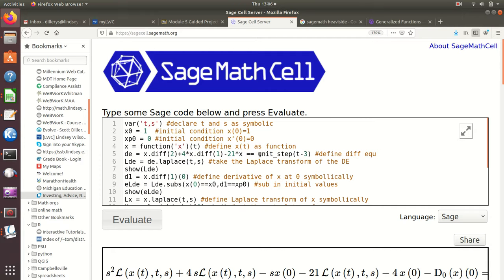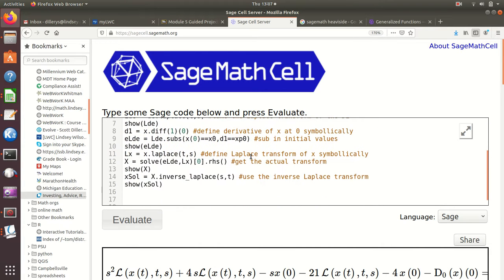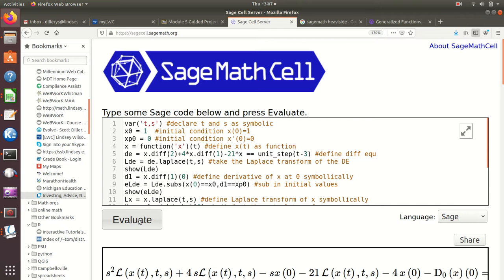Before we had equals e to something or other, but here I've just put in the unit step function. So it says unit_step of t minus 3, and that'll shove it over so that it's 0 until it hits 3, and then it's 1 after it hits 3. So I just put that in. Everything else is exactly the same, and I hit evaluate.